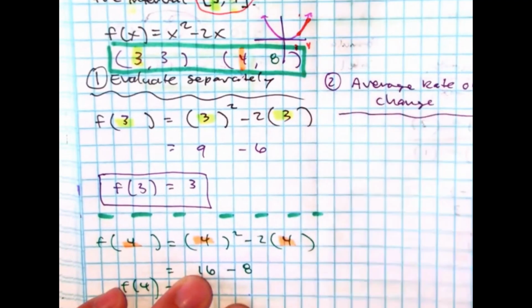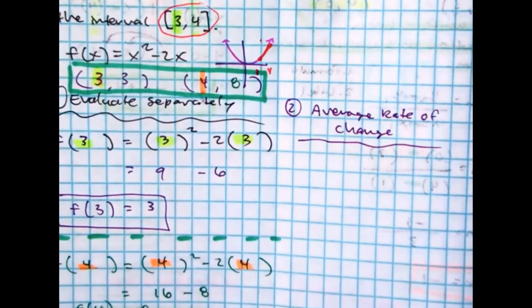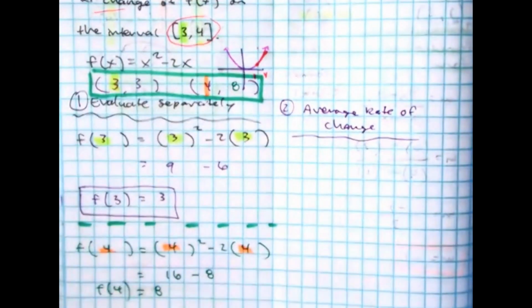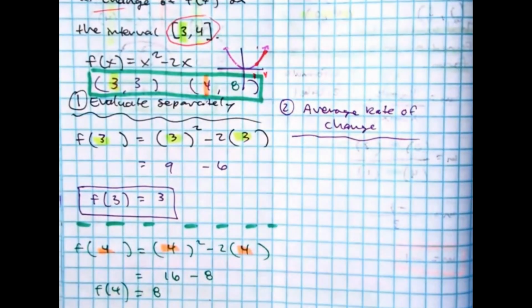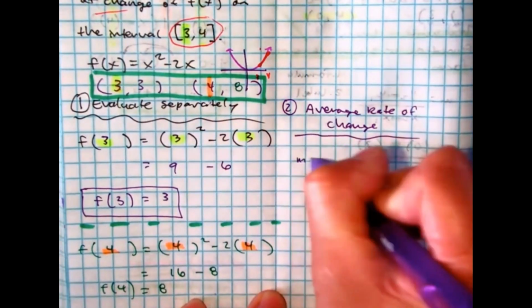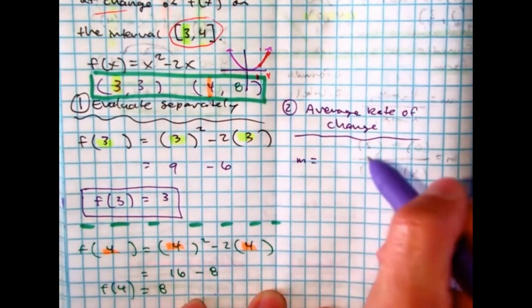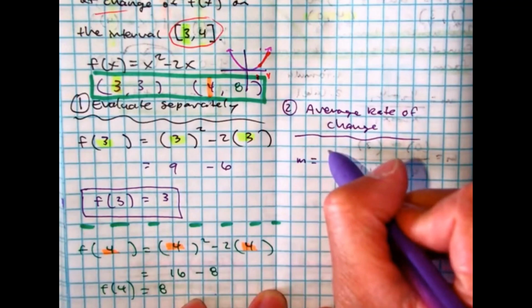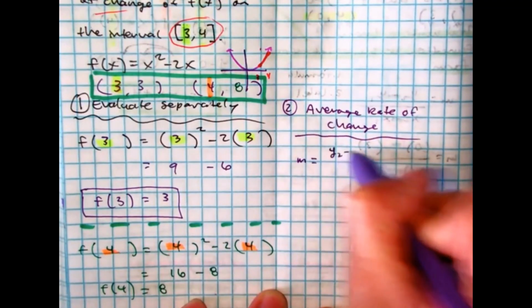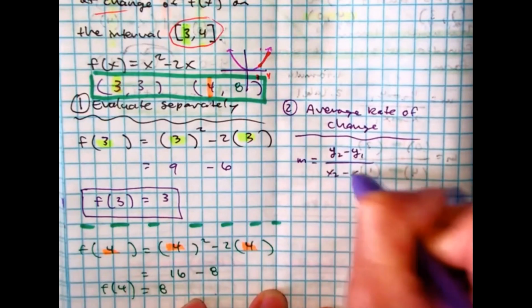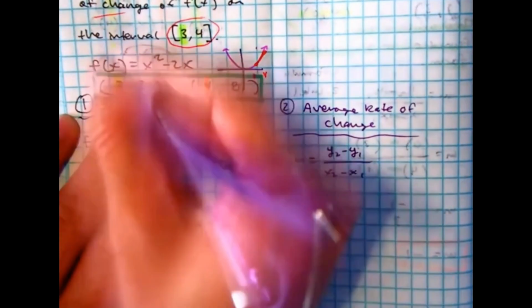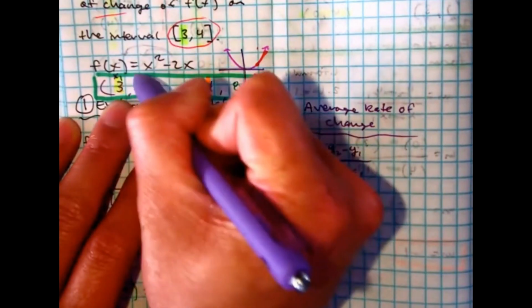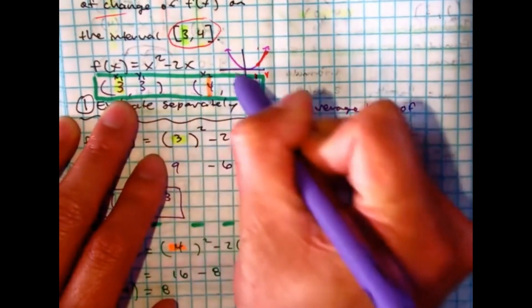Another word for average rate of change, class, is slope. Partner A tell partner B what's the equation for slope. Raymond, what's our equation for slope? Y equals y2 minus y1 over x2 minus x1. So remember, you can label these: x1, y1, x2, y2.